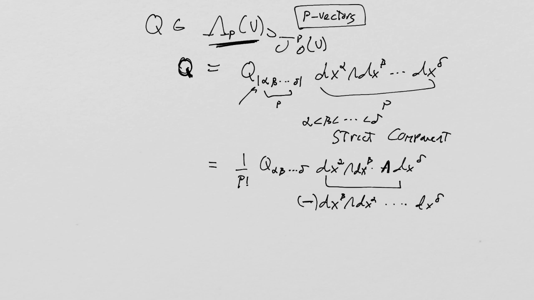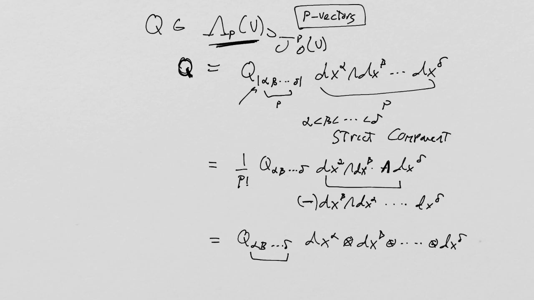There is actually a third way of writing it down. Q could also be Q alpha beta delta dx alpha tensor product dx beta tensor product dx delta. You could do that and just insist that this guy's totally antisymmetric. And then you've basically got the longest way of writing this out, right?